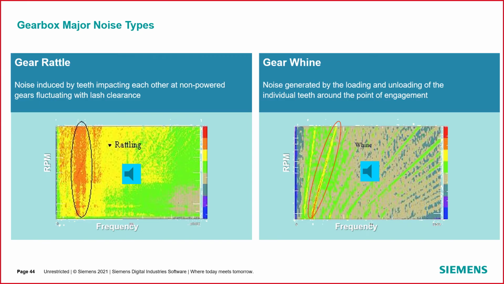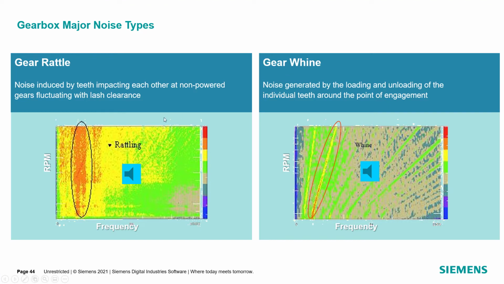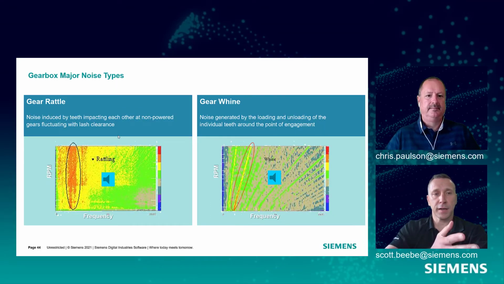Okay. So we have gear rattle and gear whine, and these are two different phenomena that can happen. Gear rattle, as defined here, is the noise induced when the teeth impact each other, so they're not loaded at a high force.